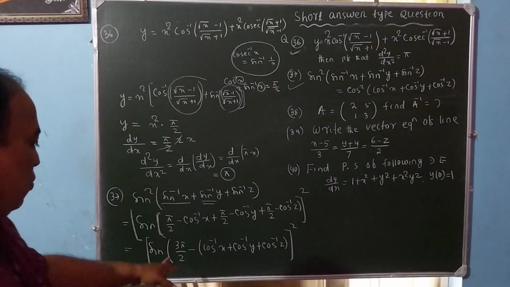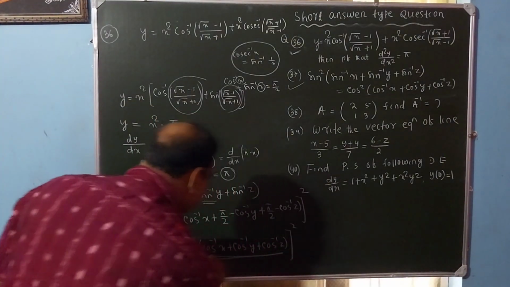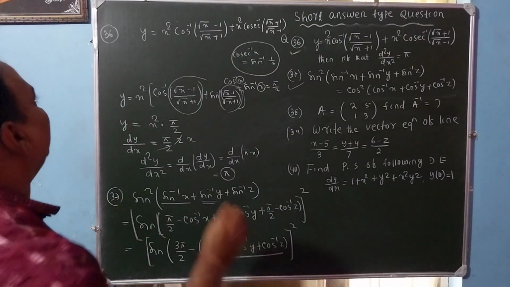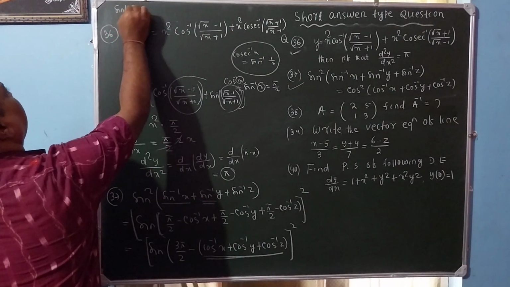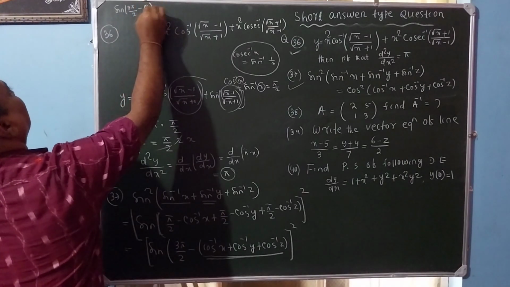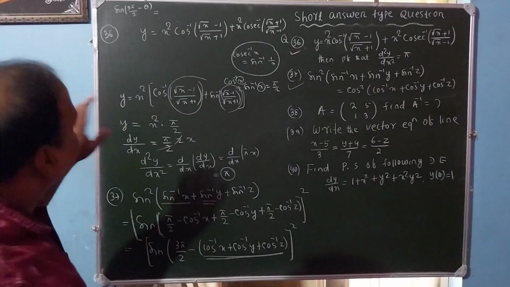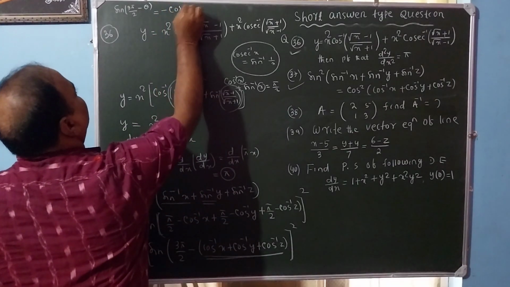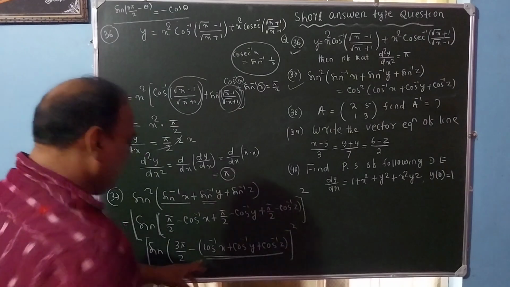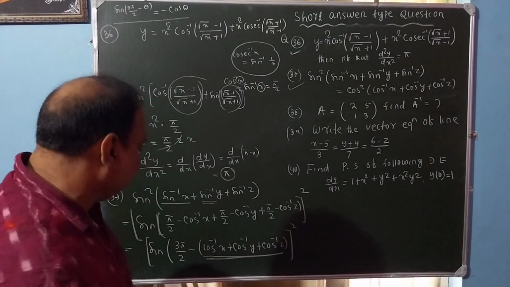Okay, so we know sin of (3 pi by 2 minus theta). You think this is theta. Sin of (3 pi by 2 minus theta) lies in the third quadrant, so that is minus cos theta. So in place of theta, cos inverse x plus cos inverse y plus cos inverse z.